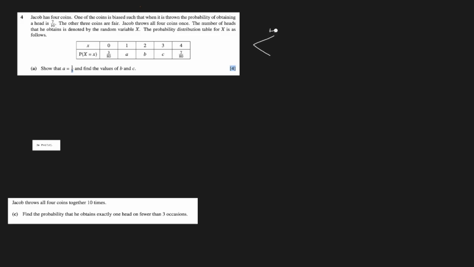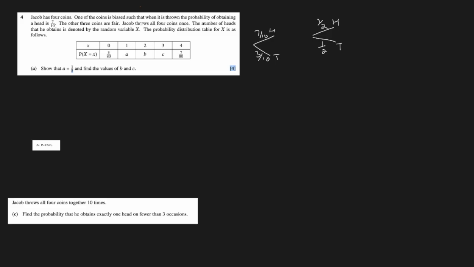Head has probability 7/10, so tail will be 3/10. The other 3 coins are fair. We can't draw all 3, so let's draw one as a representative. They are fair coins, so the probability of head is half and the probability of tail is also half.